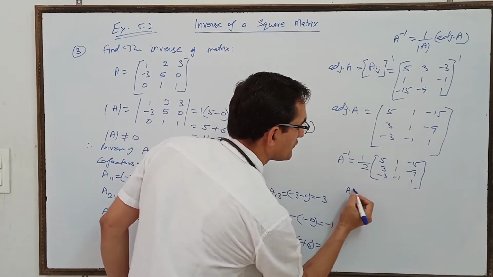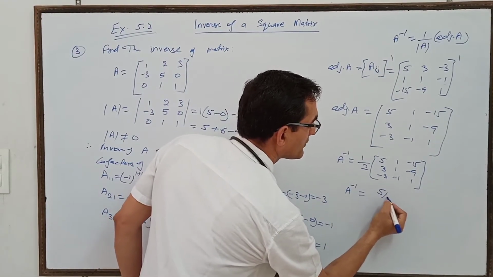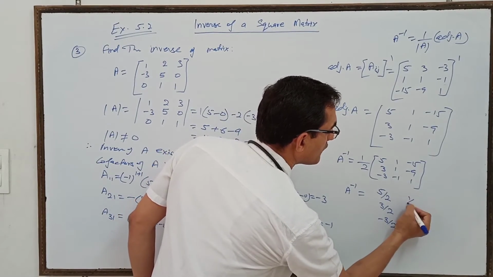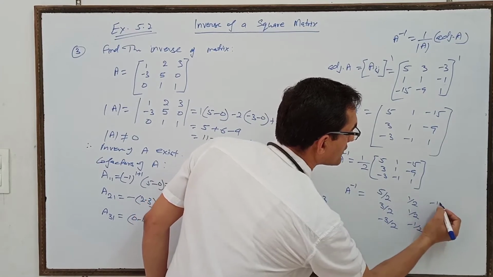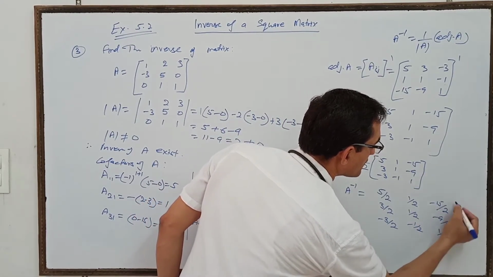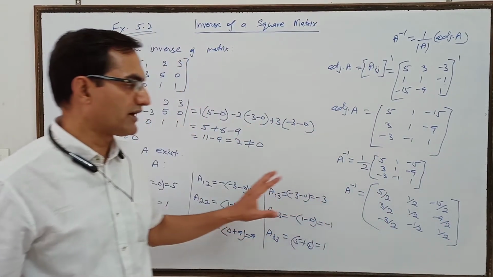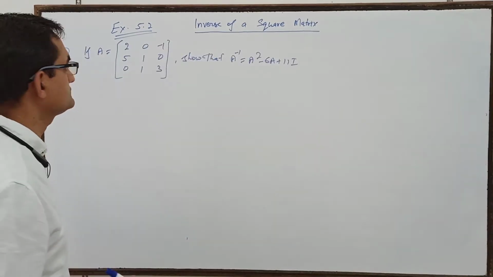Inverse of A is equal to 5 by 2, 3 by 2, minus 3 by 2, 1 by 2, 1 by 2, minus 1 by 2, minus 15 by 2, minus 9 by 2, 1 by 2. This is how you will find the inverse of any matrix.